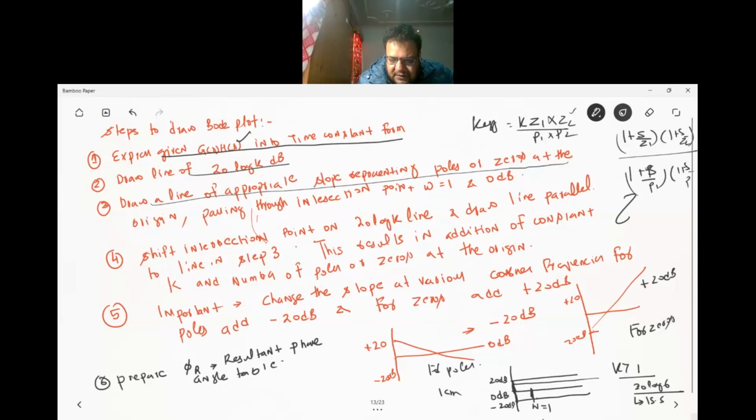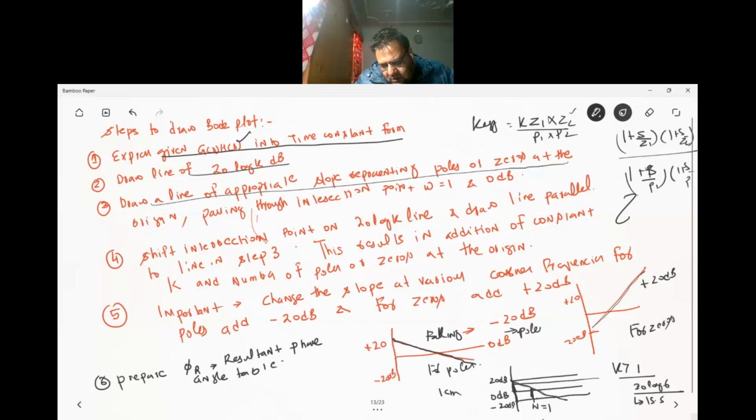The initial slope is contributed by the number of poles. Suppose there are two poles at the origin or one pole at the origin, the initial slope starts with minus 20 dB per decade. A slope of minus 20 dB is a falling slope; from 20, it is going down. A rising slope is plus 20 dB.